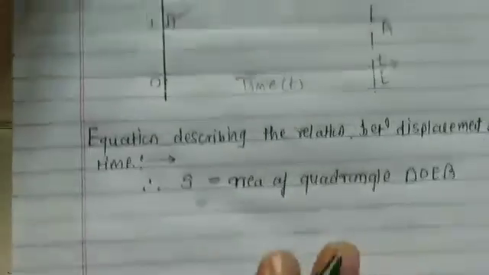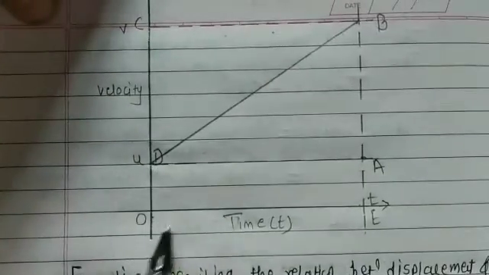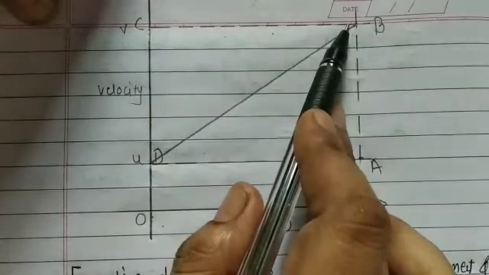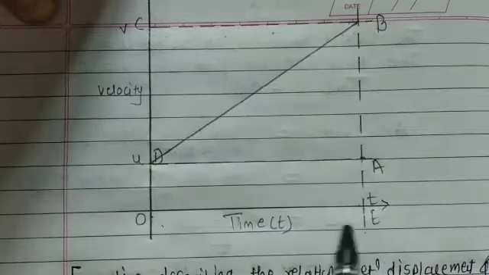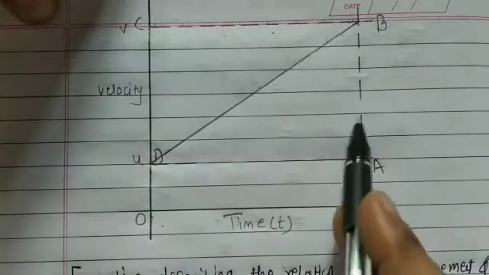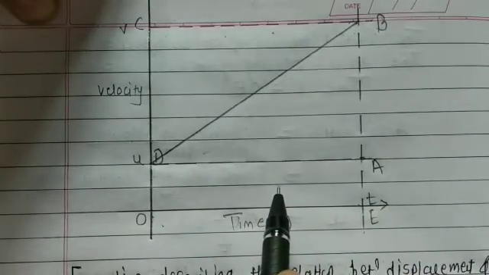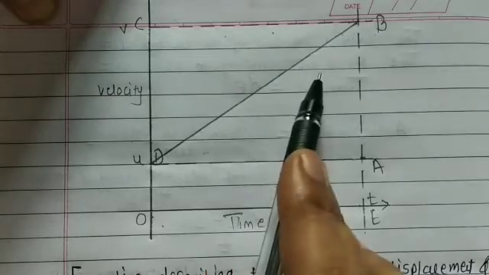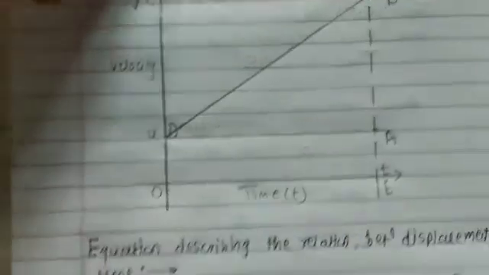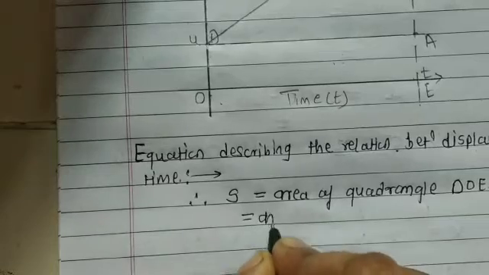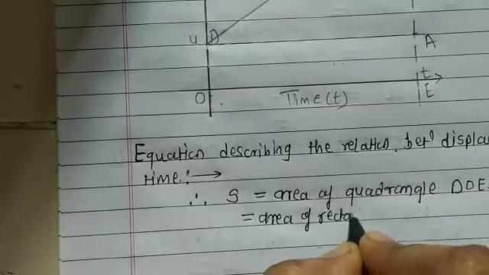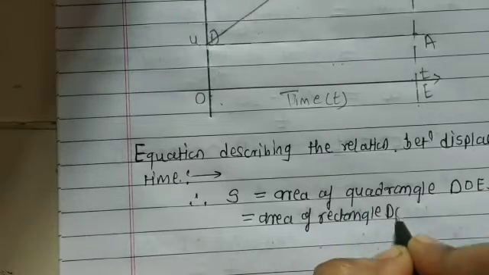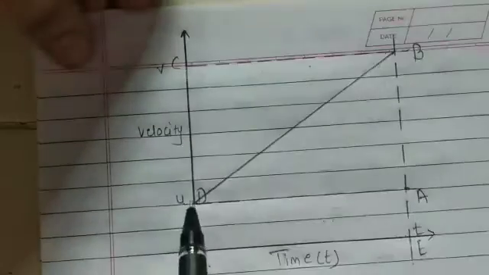Student, we know that the area of quadrangle DOEB consists of one triangle and one rectangle. So there are two areas, that triangle and rectangle. So we can write here the area of rectangle DOEA. Where is DOEA?